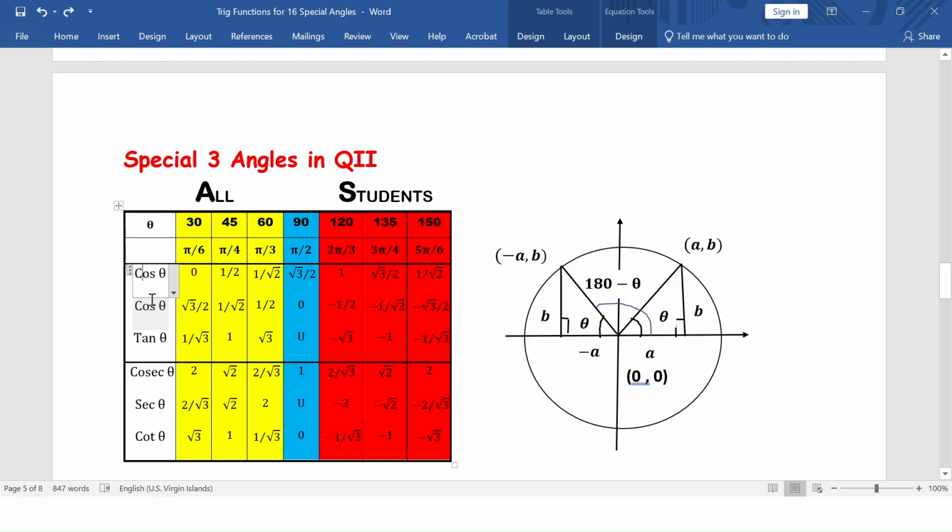I made a fatal error here. Okay, save. I won't repeat this mistake.